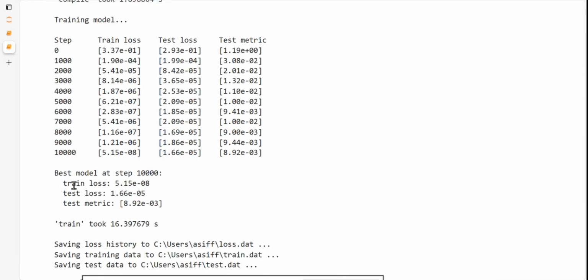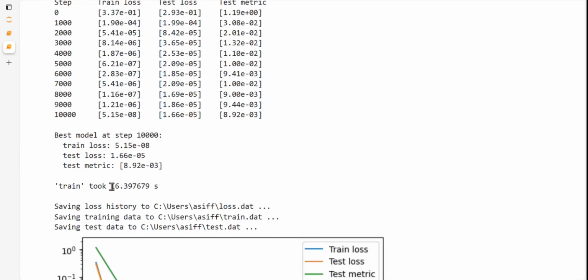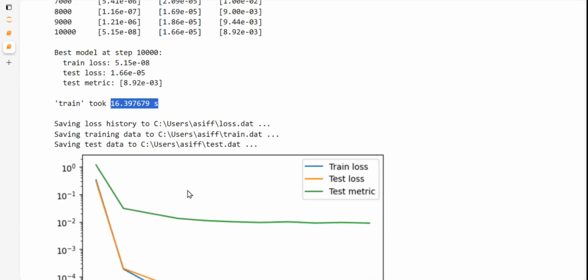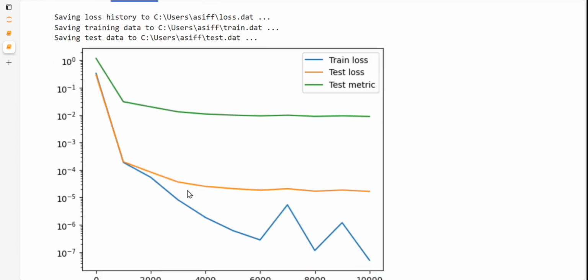So what is the best model value? Train loss is 5.15, which is this value over here. Test loss is, for example, 10 raised to the power minus 5. And the L2 relative error test metric is 10 raised to the power minus 3. It took almost 16 seconds to complete. Next, we have one image.